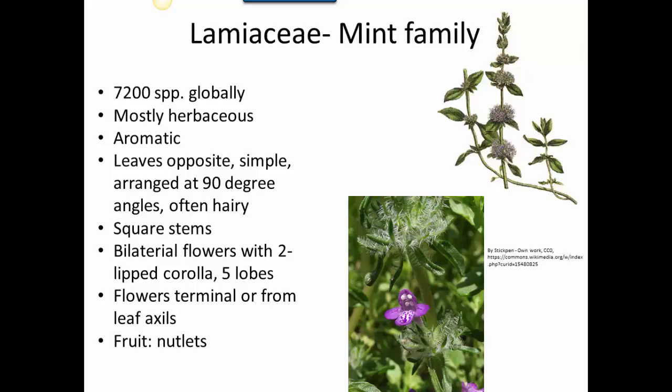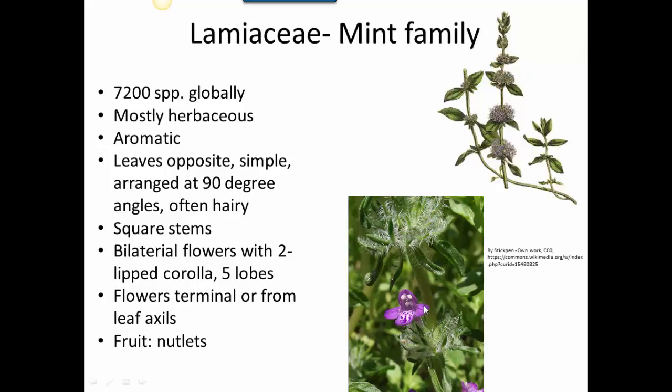Most of the plants within the mint family have flowers with bilateral symmetry, and you can see that here in this flower. So they have one plane of symmetry right through the center, and they have a 2-lipped corolla. So here we can see the 5 petals, 1, 2, 3, 4, 5, are fused.